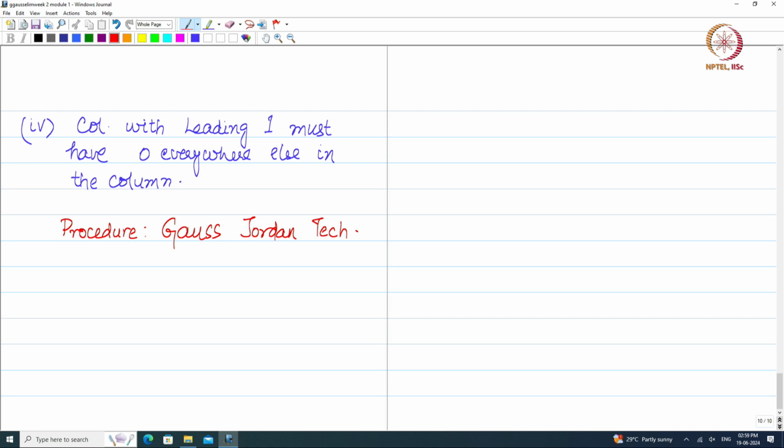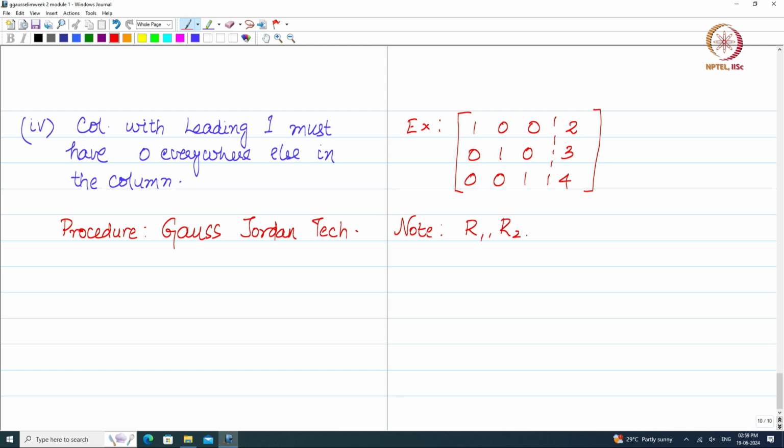Let us take an example. Augmented matrix A: 1 0 0 2, 0 1 0 3, 0 0 1 4. Note, row 1, row 2 and row 3 all have leading ones. There are no rows with all elements equal to 0.